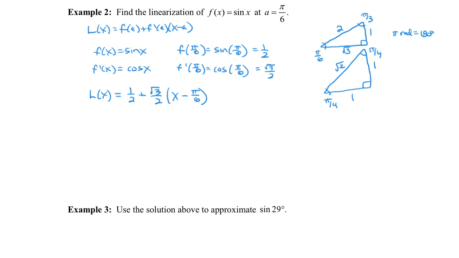If you wanted to check this, maybe we should take the graphing calculator and plug in y1 equals sine of x and let y2 equal this, then zoom in and see if this straight line is just tangent to this curve at pi over 6, or at roughly 30 degrees.